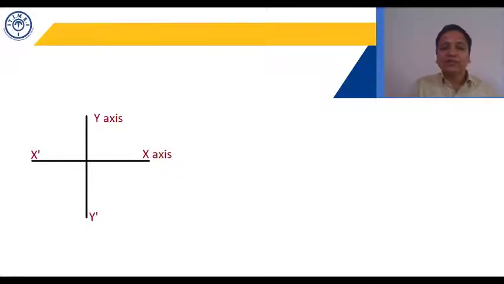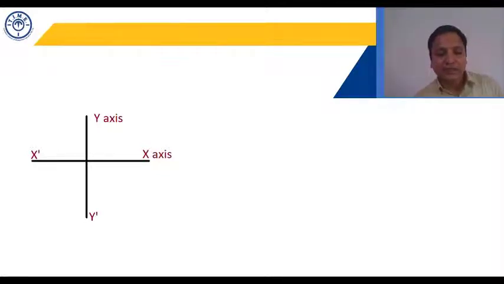You move wherever on x-axis, y coordinate is 0. On y-axis, x coordinate of any point is 0. So equation of y-axis becomes x equal to 0. And the point at which these two axes meet is called origin. Its coordinate is 0, 0.